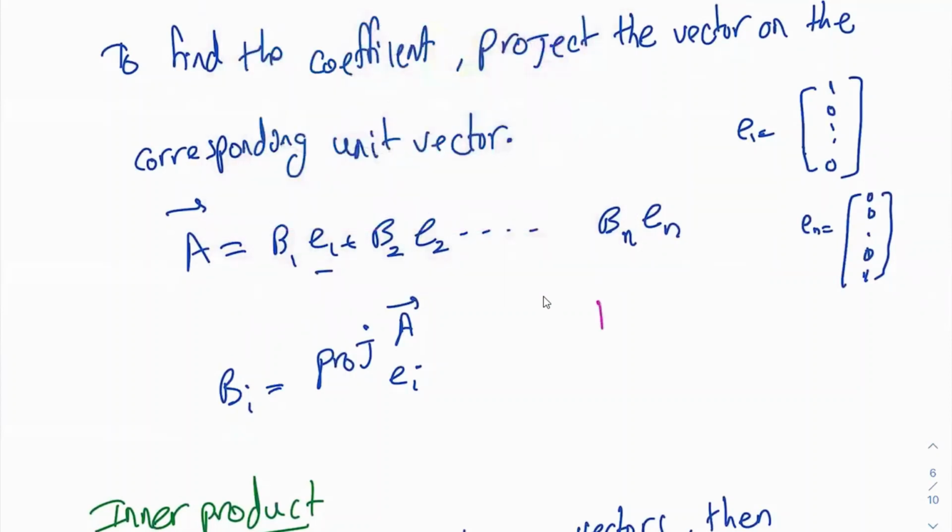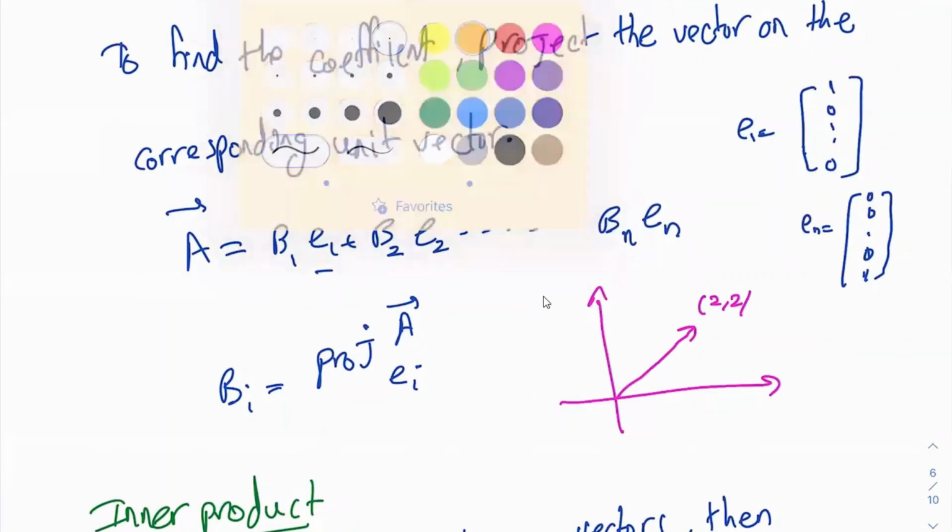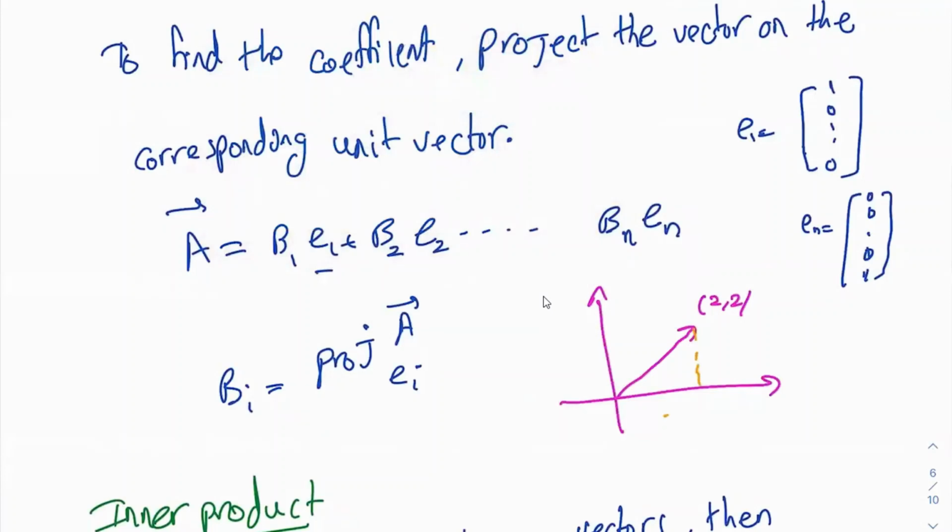This is a very easy concept to visualize. I want to give you an example for 2D, which is easier to visualize. So you have this vector. What is the coordinate of this vector? Let's say 2, 2. In order to find the x coordinate, called b1, beta 1, you project it on the unit vector e1.